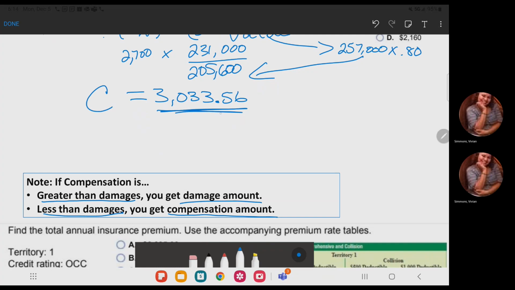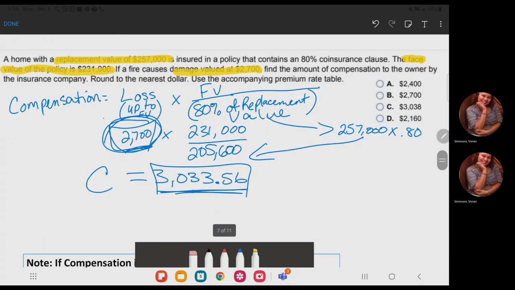So if the amount that you computed is greater than the damages, which is 2,700, you're going to get the 2,700 back. If it's less than the damages, you're going to get that amount that you computed back. So in this situation, because the compensation you computed was higher, they're going to just give you the 2,700. So then your answer would be B, 2,700.